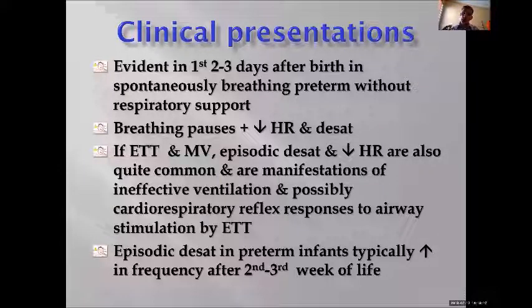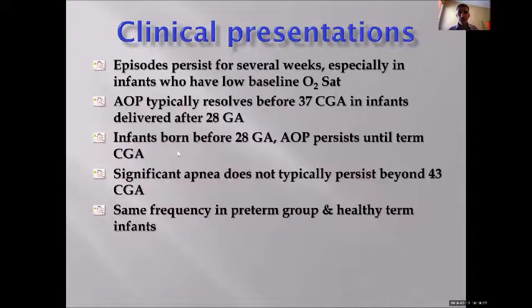The natural history of this presentation in premature babies is toward increasing frequency of these events in the second and third week of life. Usually, the apnea of prematurity resolves by term, at 37 weeks corrected gestational age, in babies born at more than 28 weeks.